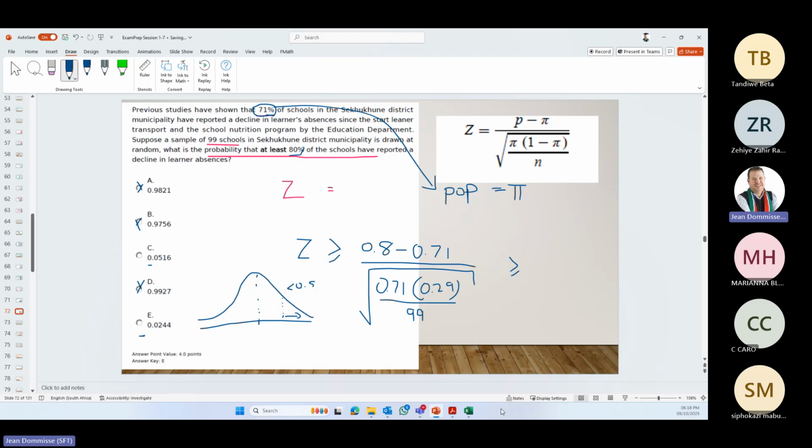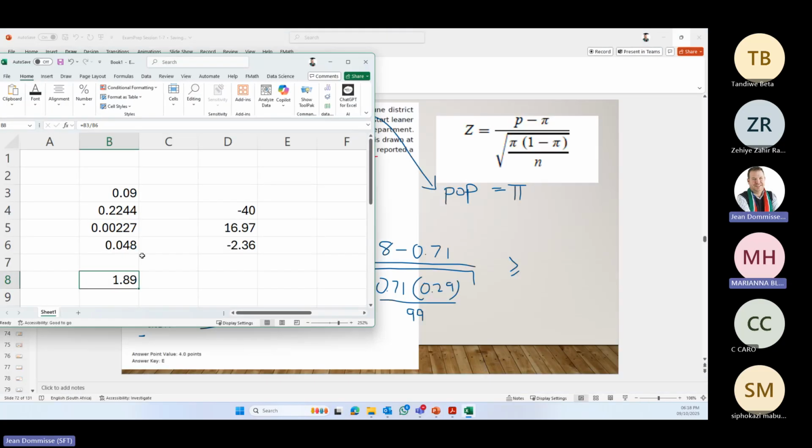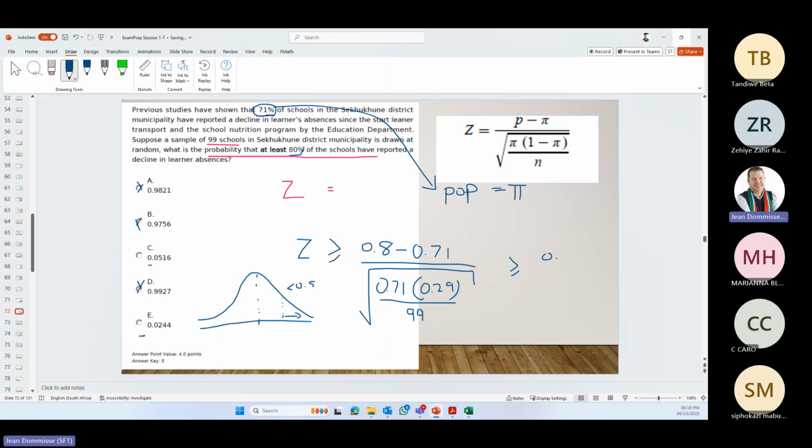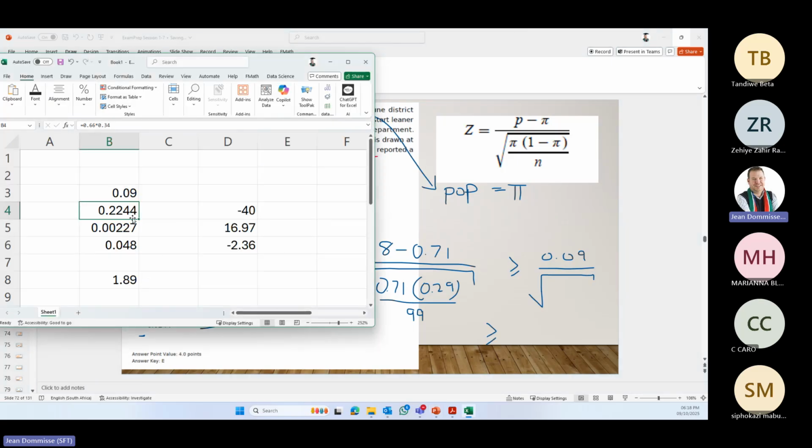Okay, so let's work this out again. So 0.8 minus 0.71. Okay, so that is at the top 0.09. And then whatever is underneath. So we've got 0.71 times 0.29, and that divided by 99.